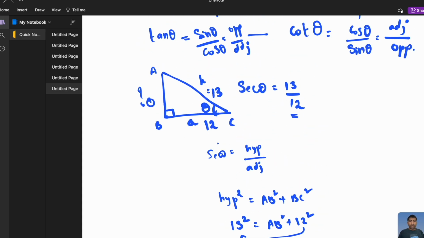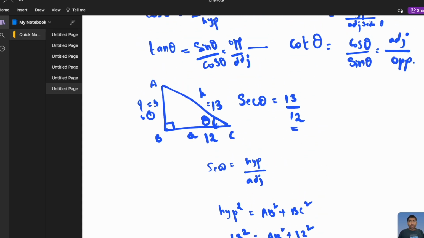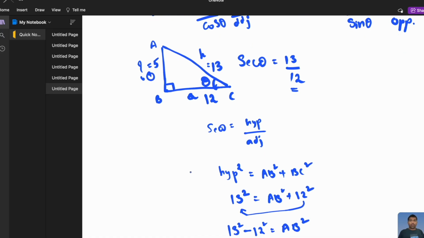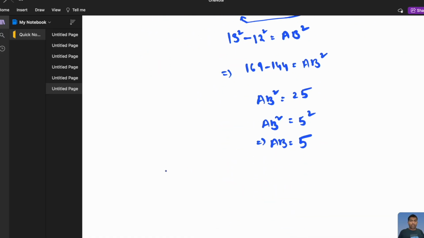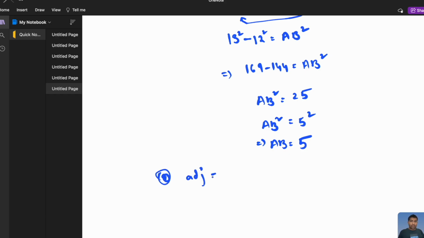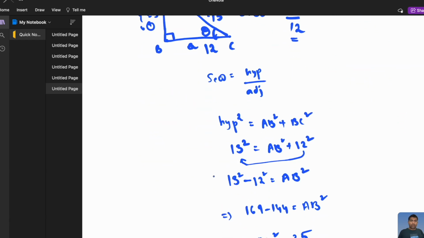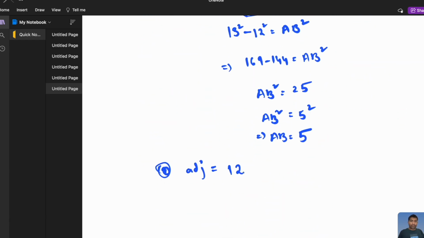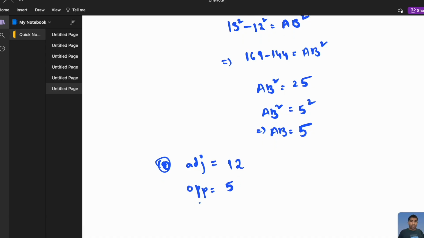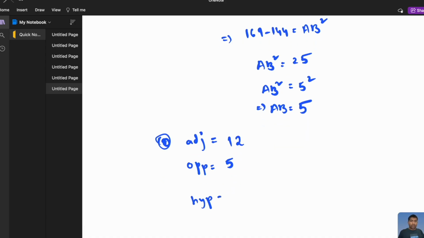So we got the opposite side as 5. Now we have everything for angle theta. Adjacent side is 12, opposite side is 5, hypotenuse is 13. So 12 centimeters, 5 centimeters, 13 centimeters.